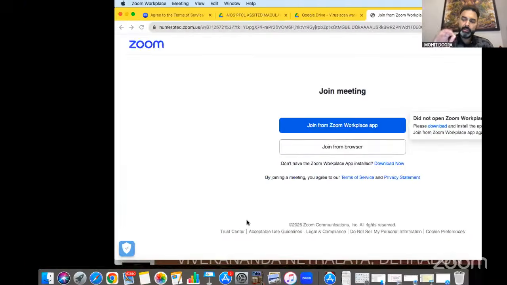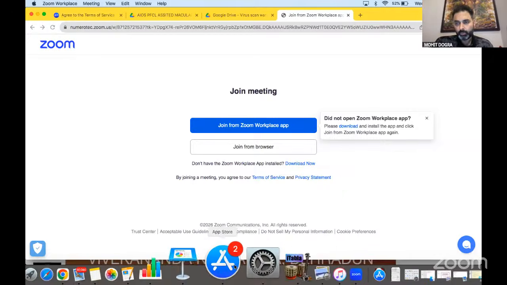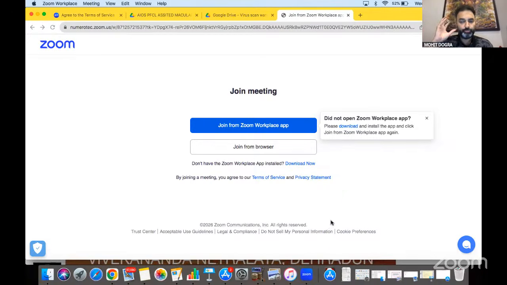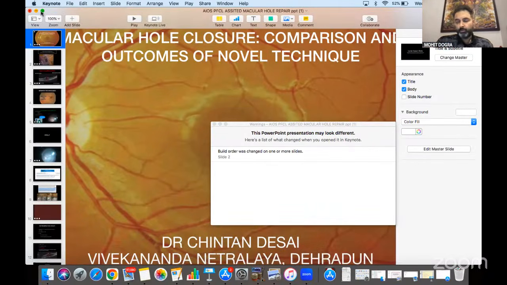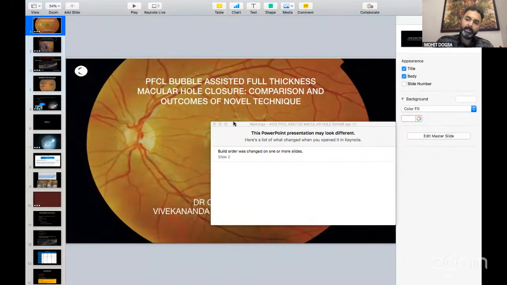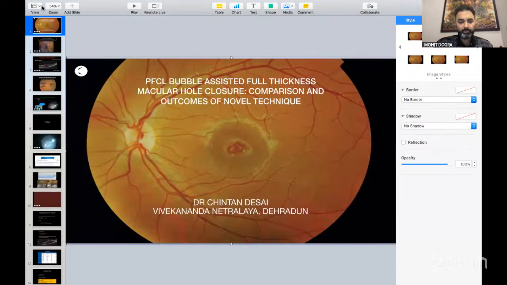To my mind, the only role of putting viscoelastic after you fashion the flaps and put them over the hole, or as Avnish did in the second case, almost tuck it in, which I wouldn't do, is that you're scared that during fluid air exchange those petalloid flaps might come off. Apart from that, I don't think viscoelastic per se has too much of a role. I can elaborate a bit more after Dr. Desai is done, and then maybe we can talk about both.